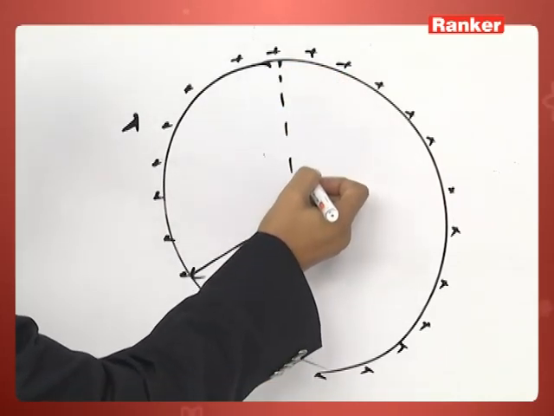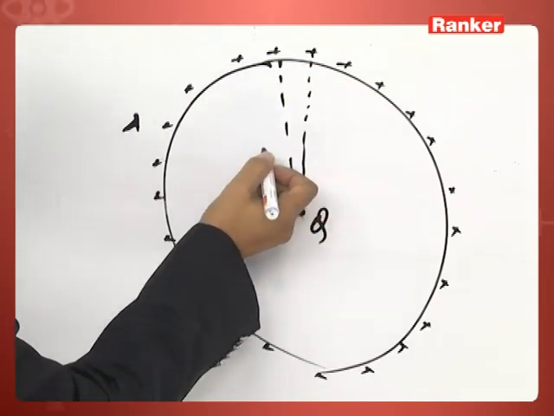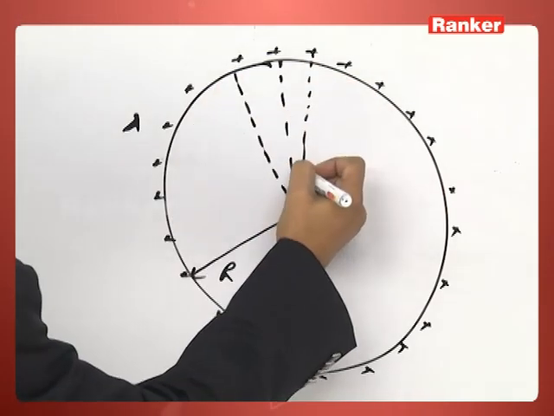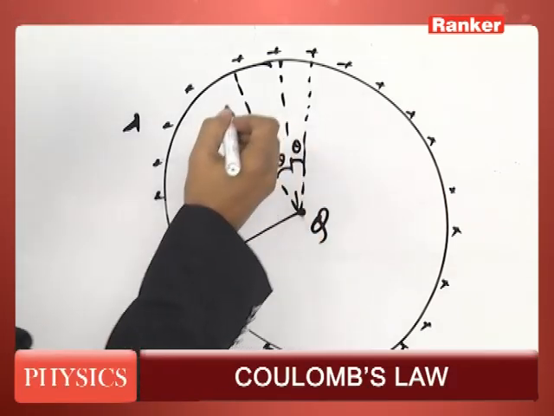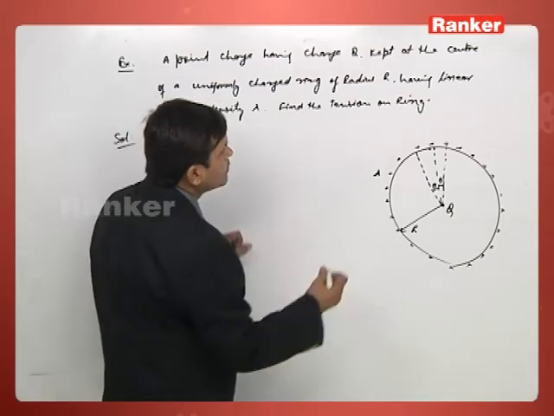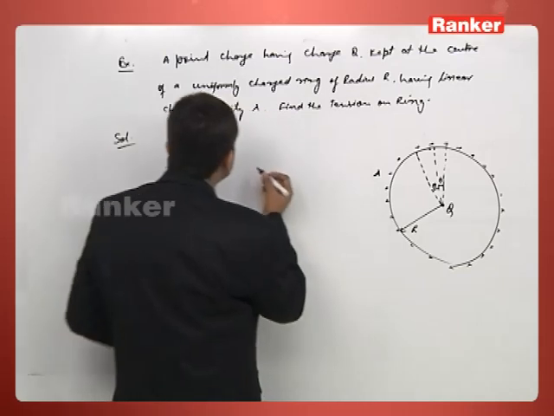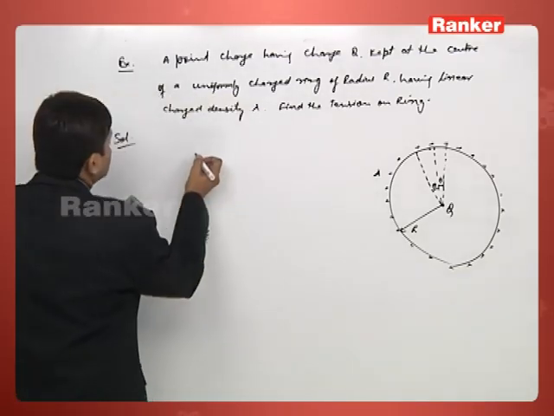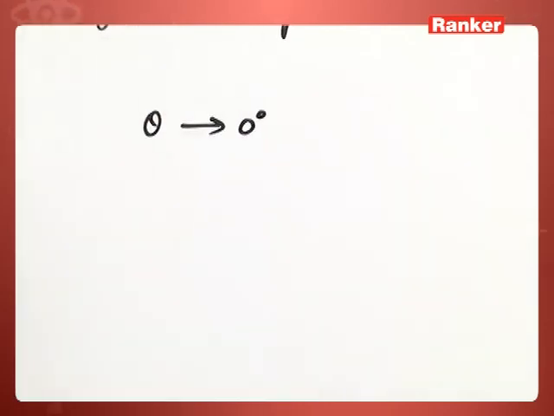I took a very small segment on that ring, that this part of the segment is making angle theta, this is also making an angle theta. Always remember, whenever we are taking this theta, it is tending to 0 degree, very, very small.